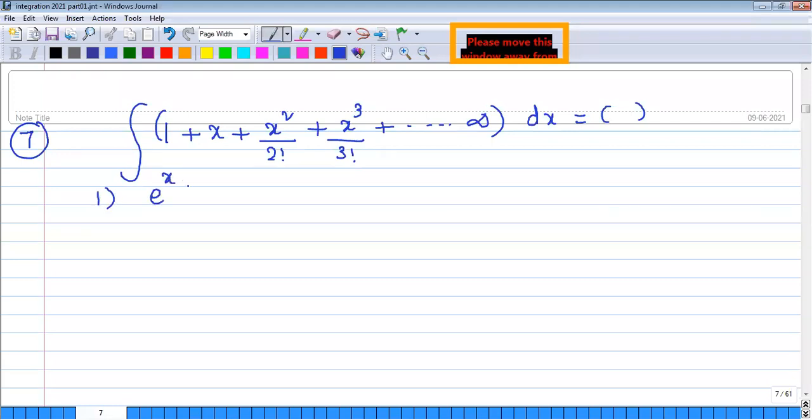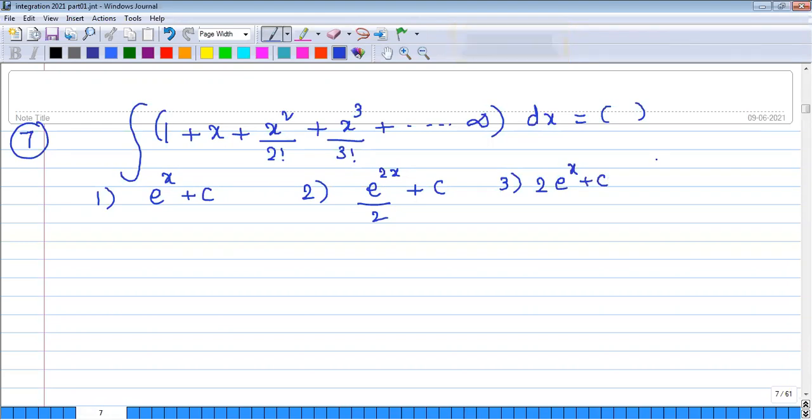First option e power x plus c, second one is e power 2x by 2, third 2 e power x plus c, fourth half times e power x plus c.